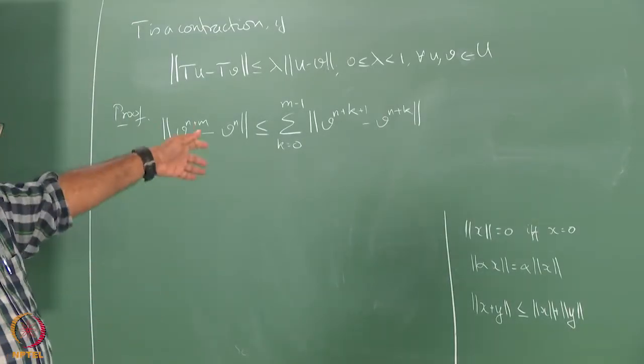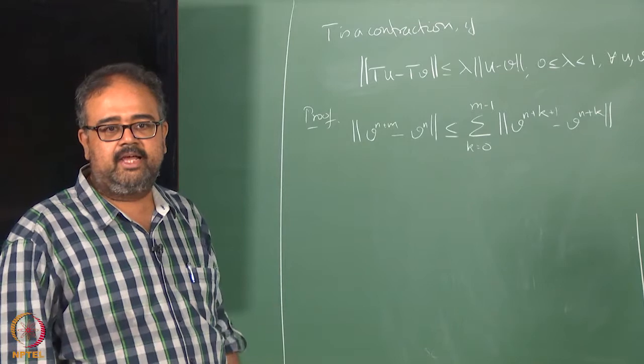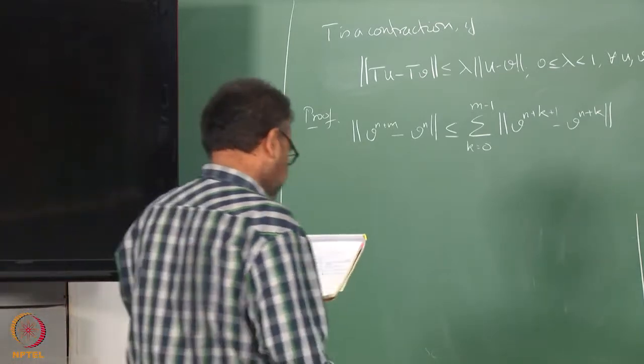Essentially n plus 1, n plus 2, n plus 3, and it keeps doing this. So I have repeatedly applied the triangle inequality to get this.